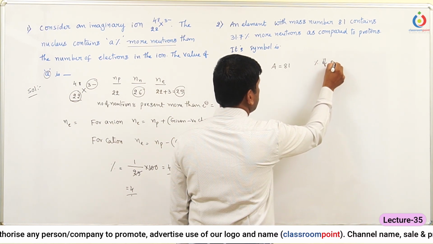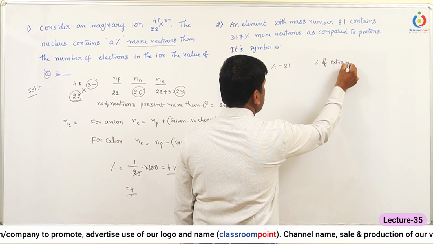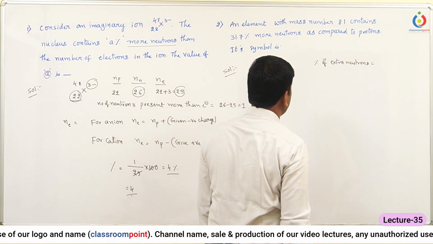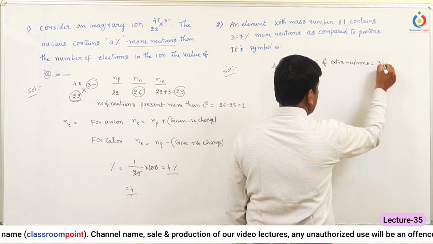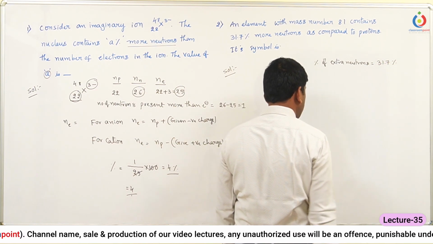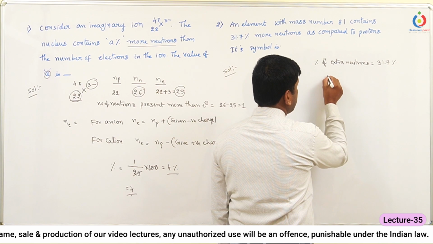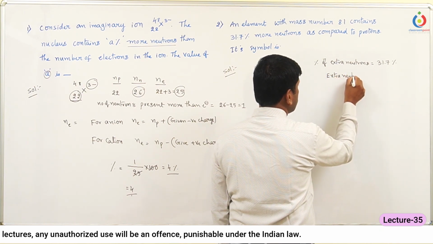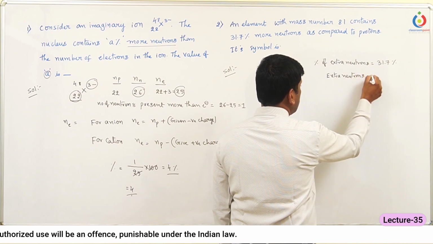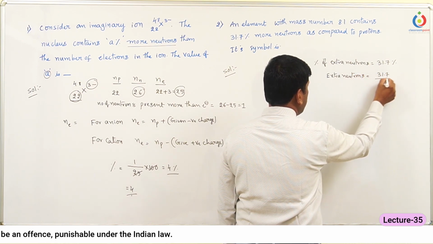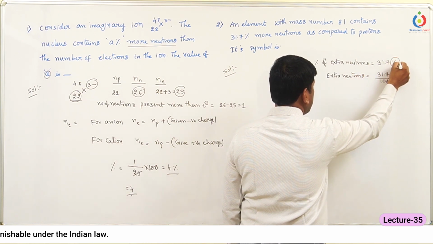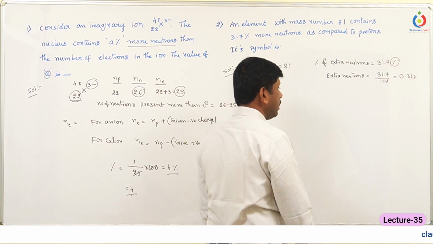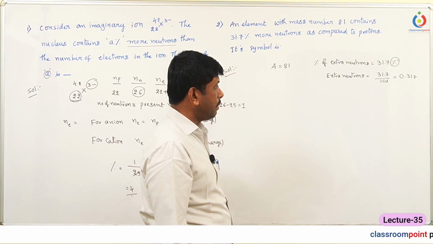Percentage of extra neutrons is 31.7%, which is given. So let us calculate: 31.7 divided by 100, cancelling the percentage, you will get 0.317 extra neutrons present.